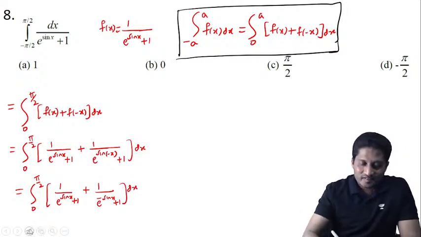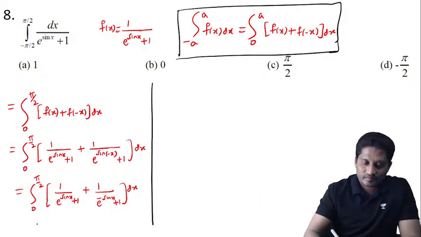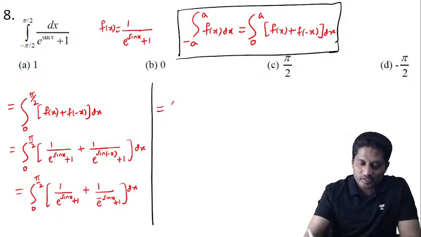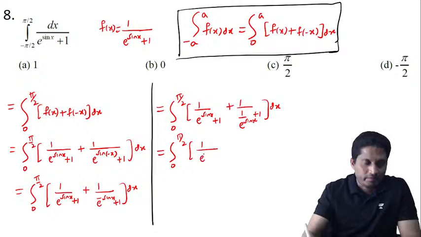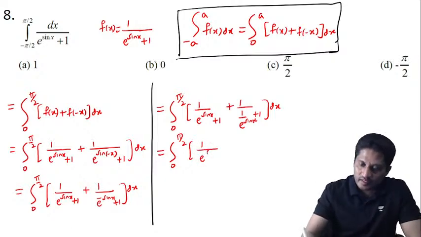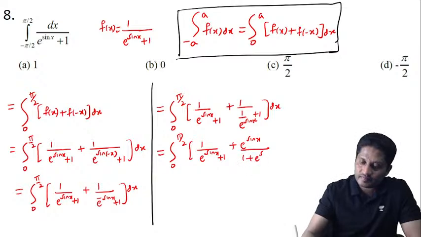So this is equal to the integration from 0 to pi by 2 of 1 divided by e to the power sin x plus 1, plus 1 divided by 1 by e to the power sin x plus 1. Cross multiply and shift to the numerator: 1 divided by e to the power sin x plus 1, and e to the power sin x divided by 1 plus e to the power sin x.